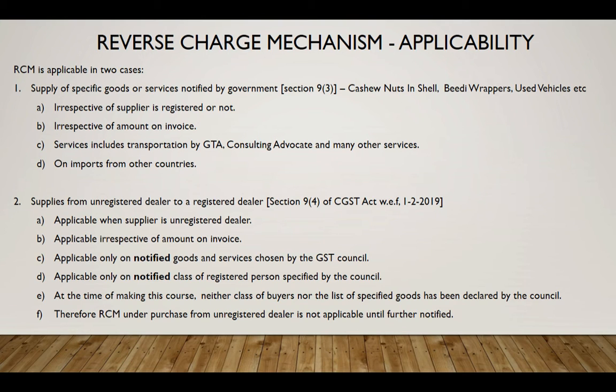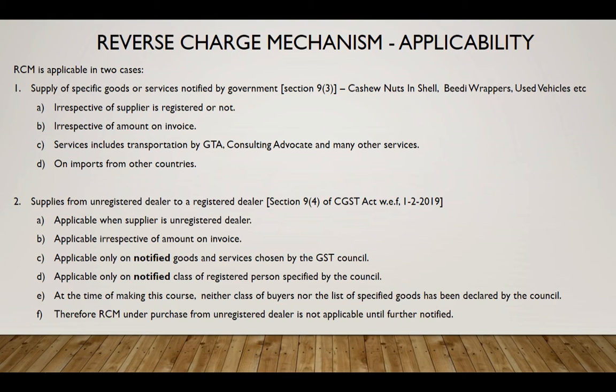Only then would reverse charge mechanism apply on that transaction. And not just the notified goods and services, the GST Council would also be specifying a class of registered persons who are liable to pay tax under reverse charge mechanism.